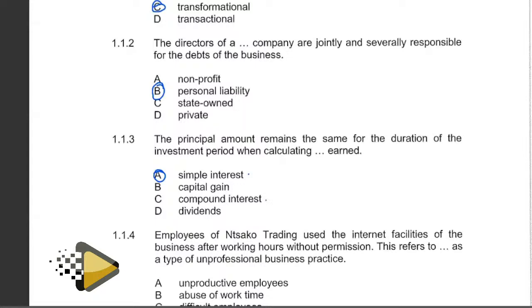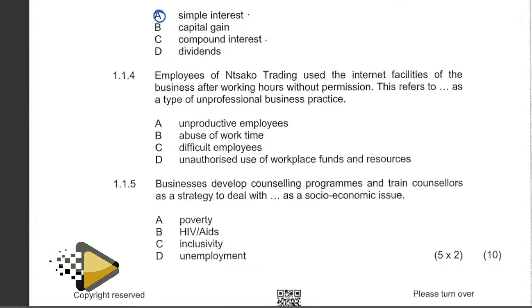Employees of Ntagwe Trading used the internet facilities of the business after working hours without permission. So now this refers to dash as a type of unprofessional business practices.